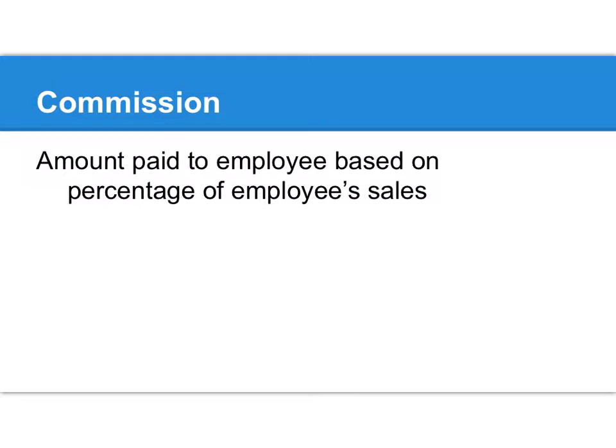Commission is the amount that's paid to the employee based on a percentage of their sales. So we'll take the sales that they have, and this is usually a sales type job. You're selling something in a retail or retail-ish setting. For example, car salesmen are often on a commission basis.